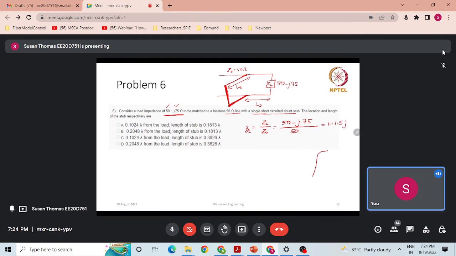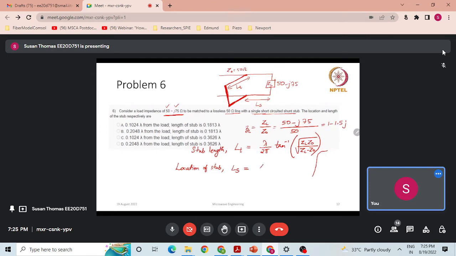Now what is the length of the stub? What is the location of the stub? If you have gone through the video lectures, you have the formula for LT and LS. LT is the stub length and LS is the location of the stub. This is lambda by 2 pi tan inverse of root ZL Z0 by ZL minus Z0.